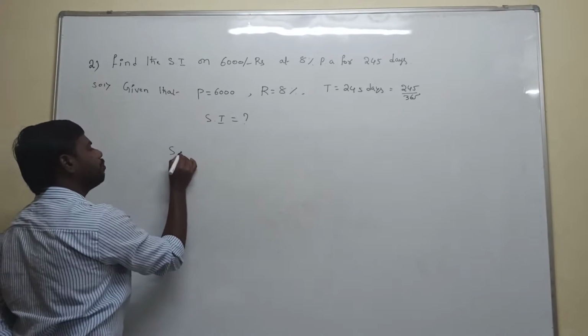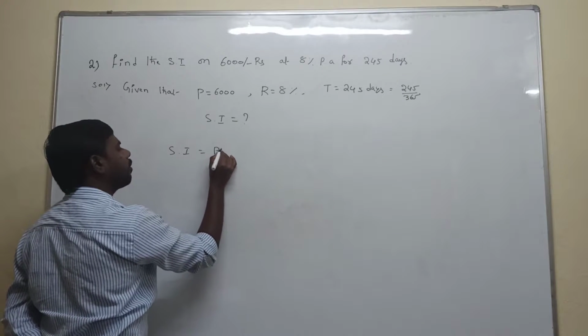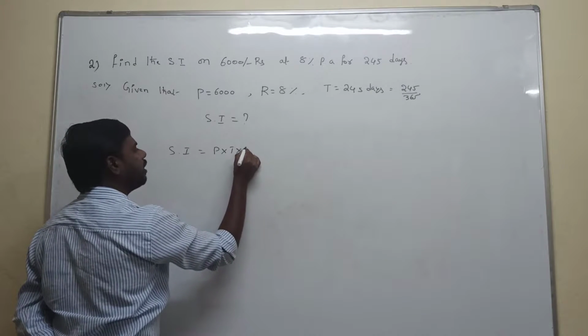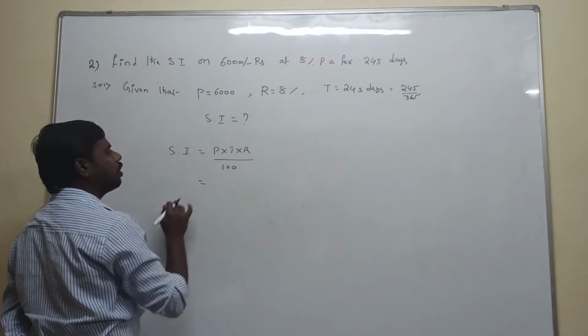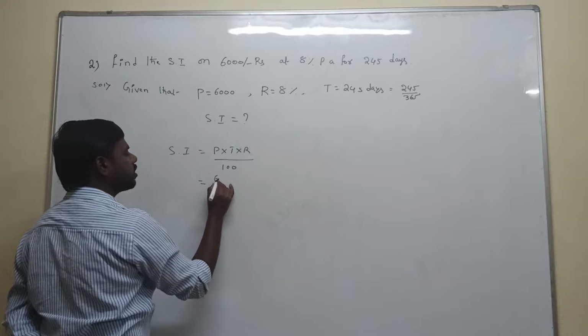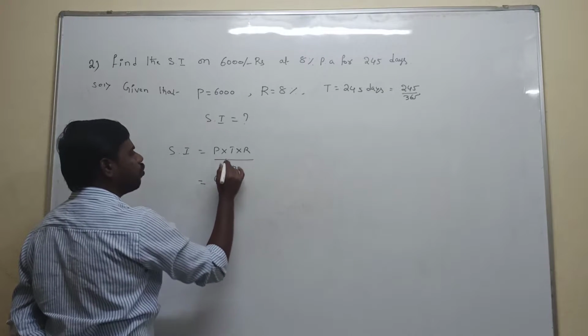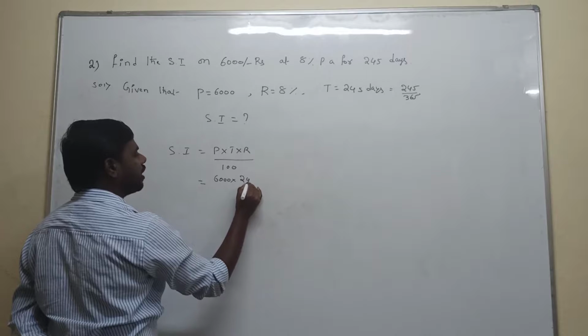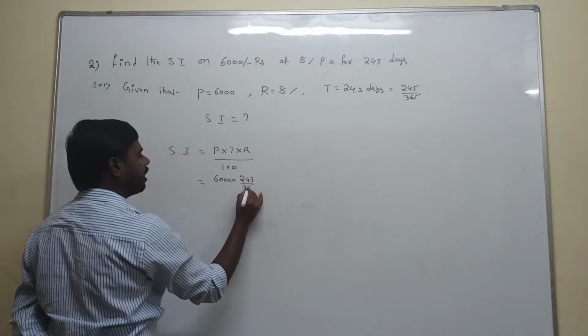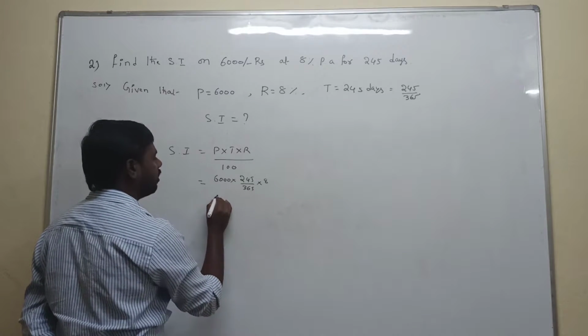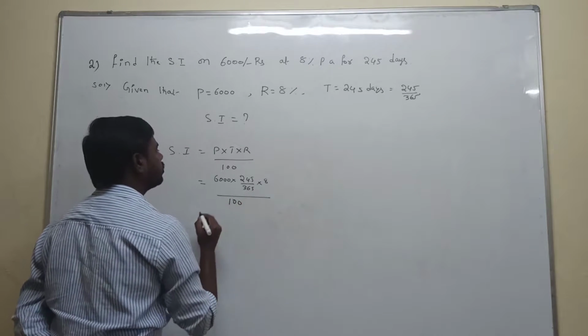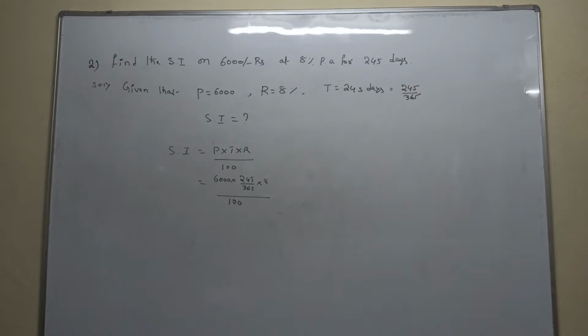What is the simple interest formula? PTR by 100.